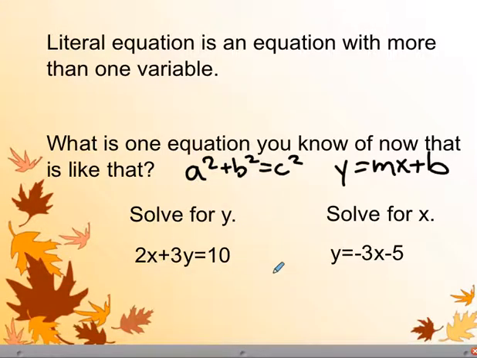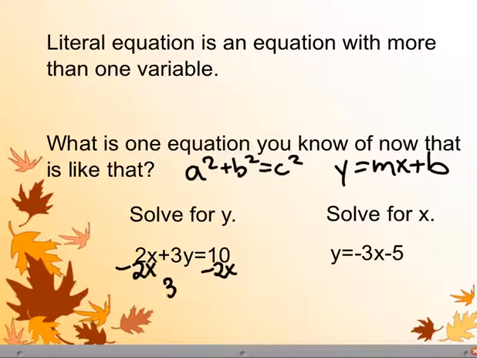We're going to take these equations and solve for y. What that means is we're going to use the same type of steps that we've been using, but instead of solving for y and having a number being the answer, we're going to have an expression being the answer that has the other variable included. So, to give you an idea of what this looks like, 2x plus 3y equals 10. If y needs to get alone, then we are going to subtract 2x from each side.